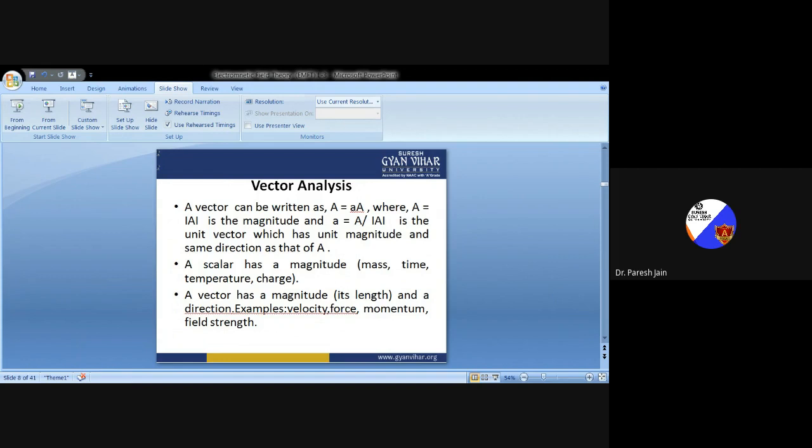Examples of vectors are velocity, force, momentum, field strength. So right now we have discussed the two quantities in vector analysis: one is scalar quantities and the second is vector quantities. Both quantities are functions of time and space.